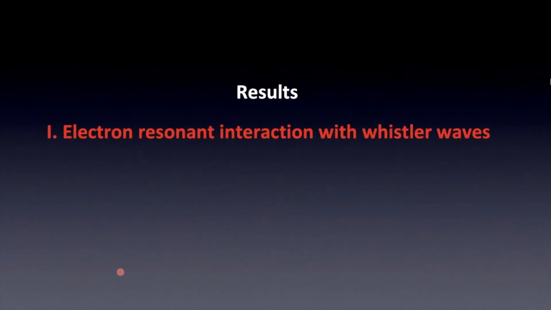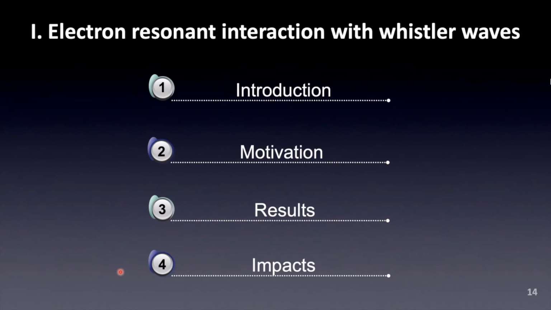The first part is about the interaction between electrons and whistler-mode waves. In this part, we will make a brief introduction to this subtopic that I think will be necessary and relevant to this work, because previously we only mentioned some very general background about space physics.